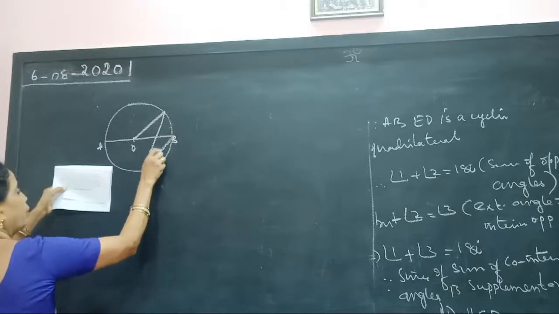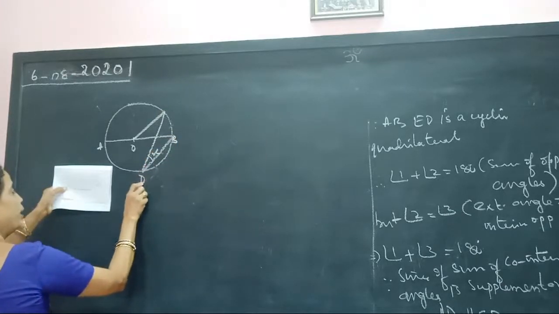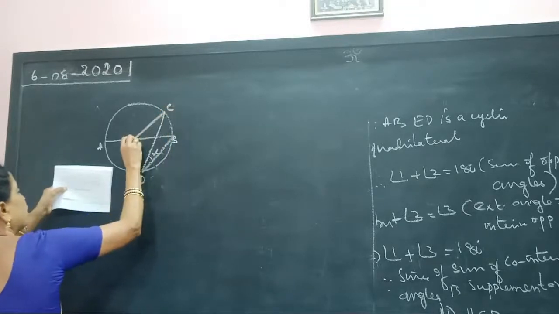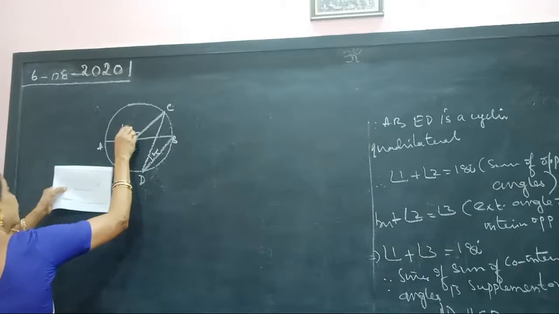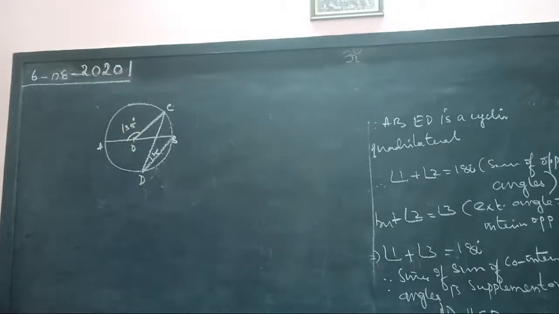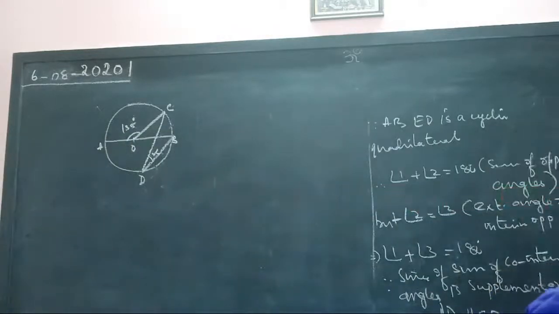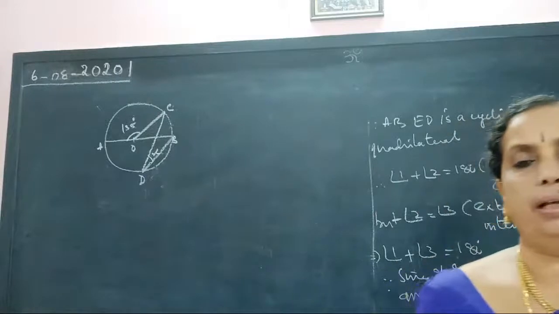You have to find out X. Take this as point D. In the figure it is given B only. This is C. It is 135 degree. Using scale and pencil, obtain the figure.